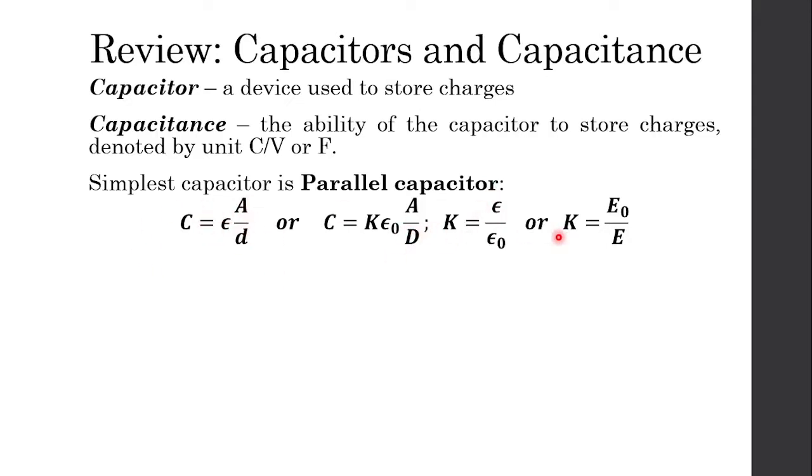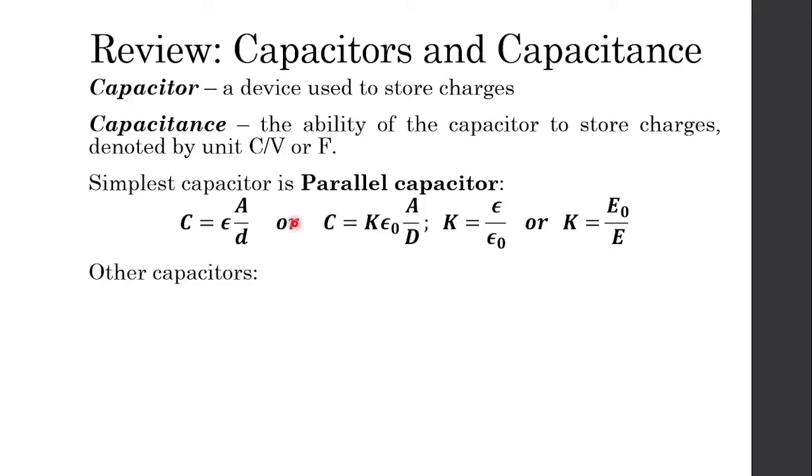Or on the other hand, we can also use this equation to solve for the dielectric constant K, wherein it is the magnitude of the electric field without any dielectric material divided by the magnitude of the electric field with the dielectric material. So we've discussed all of this in lesson 10. That's how we can measure the capacitance of a capacitor.